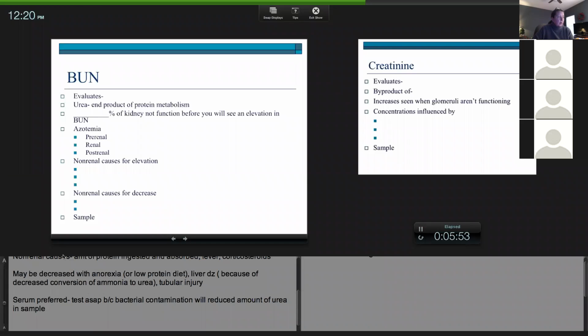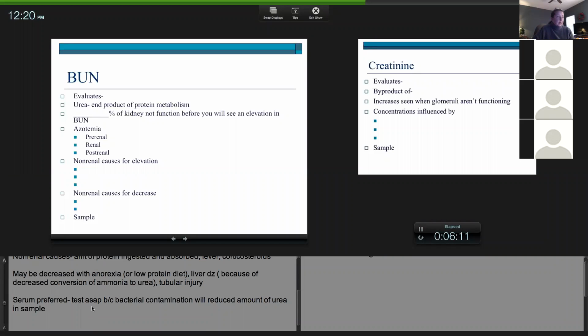Now, the sample, technically serum is your preferred. Sometimes this is done on the heparinized, the green tube, the lithium heparin tube, but the primary sample is going to be serum.